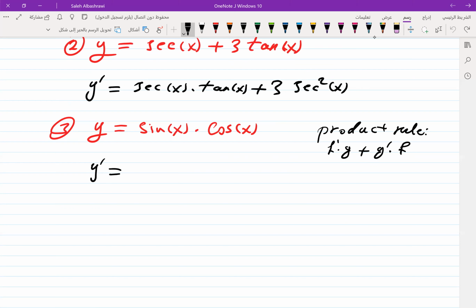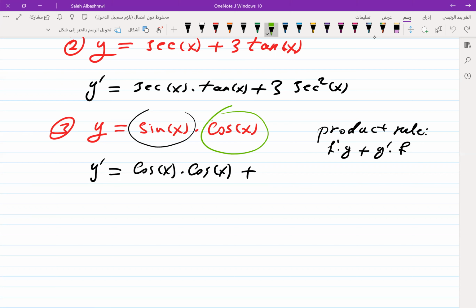The derivative of sine, the first one, is cosine, multiplied by g, which is cosine of x, plus the derivative of the second one: the derivative of cosine is minus sine, multiplied by the first function, which is sine x.